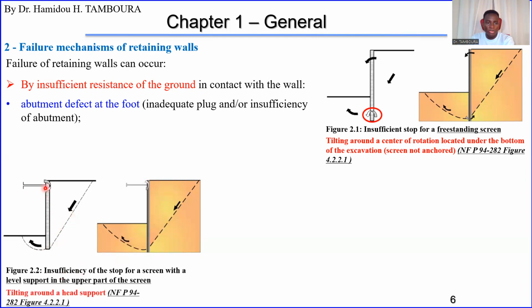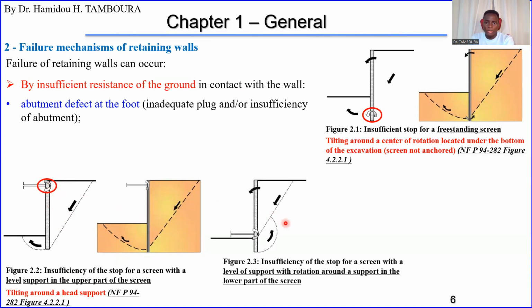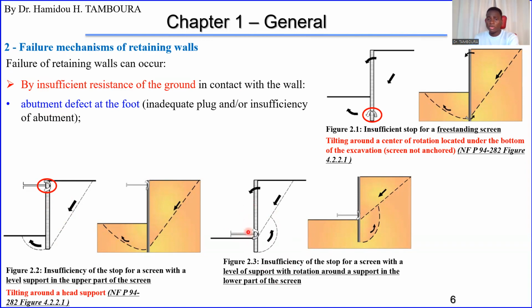We may have rotation around a support in the upper part, so the action will be here. The third example is when we decide to bring support at the lower part of the retaining wall. In that case, we have the possibility of rotation, tilting, around this point.